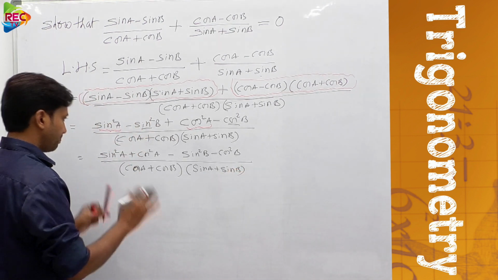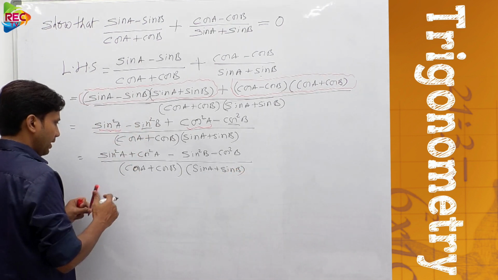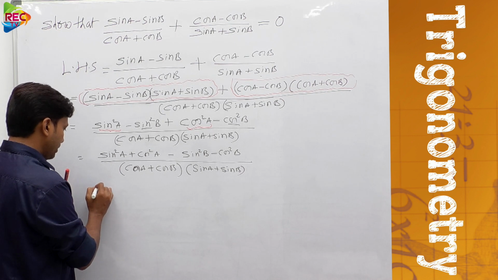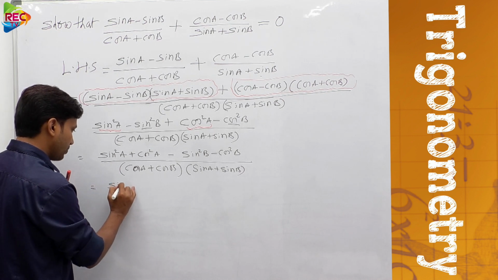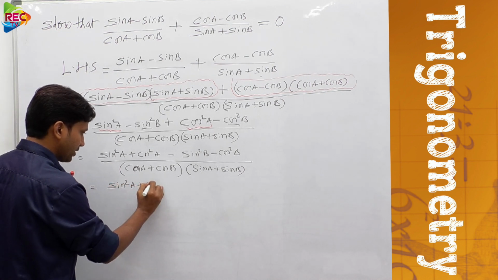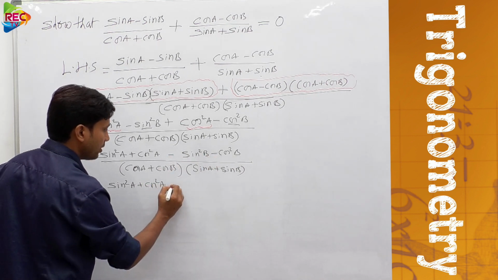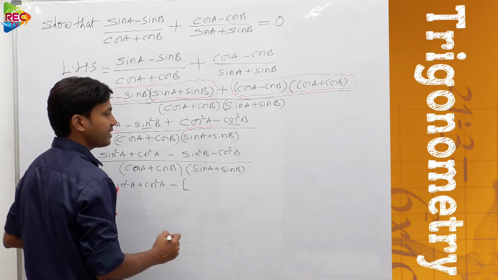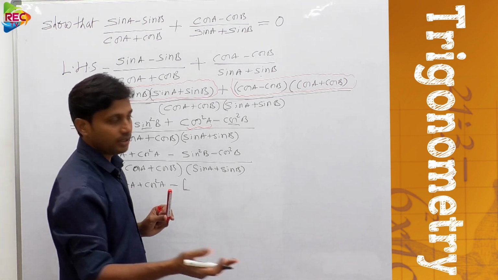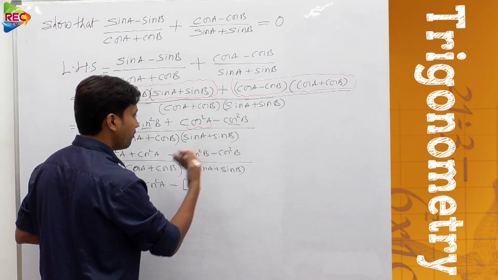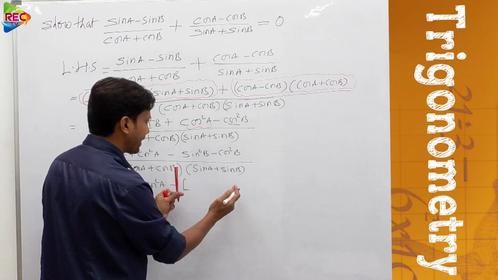Now do one thing. I think you can identify here that this is sin square A plus cos square A. You can take minus common from these two terms. What do we get? When we take minus in common, the symbols will be changed. So here minus and here minus will be converted to plus inside the bracket.